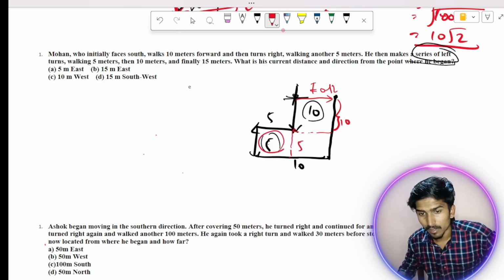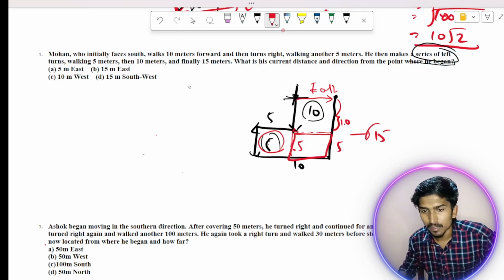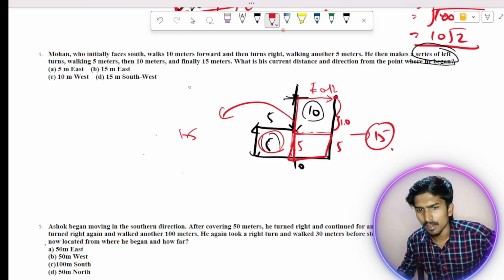So it is 5. If it is 5, this will also become a rectangle. Opposite sides will be the same. If it is 5, it is also 5. So 10 plus 5 is 15 meters. This is 15 meters. The total is 15 meters. So he traveled the same direction, the same distance, from here to here, coming to there only. So it is exactly east of the starting point.